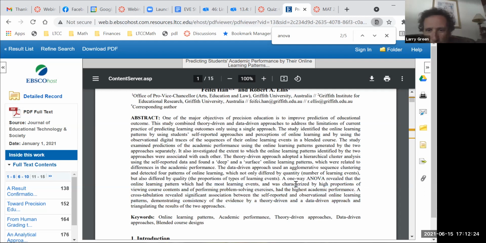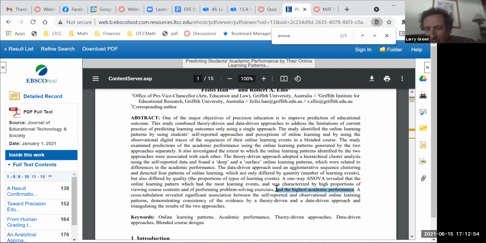It says a one-way ANOVA revealed that the online learning pattern, which had the most learning events and was characterized by high proportions of viewing course contents and of performing problem-solving exercises, had the highest academic performance. It takes a while to read this and see what they're talking about, but it looked like they had some kind of quantitative study of academic performance.